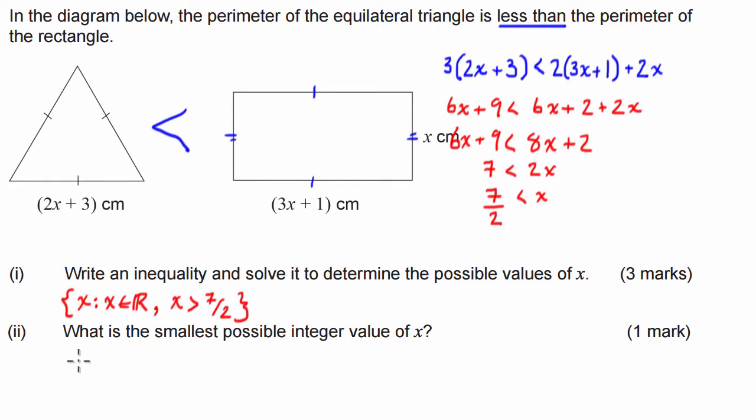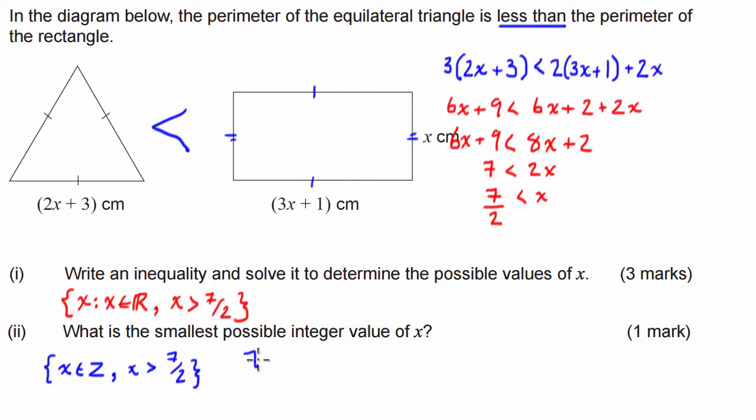Now, what is the smallest possible integer value of x? Okay, well, what are they looking for there? Well, they're looking for x to be an element, rather than of R, of Z, where x is greater than 7 over 2, Z being the set of all integer numbers. So 7 over 2 is equivalent to 3.5.